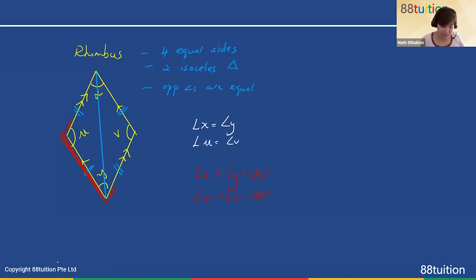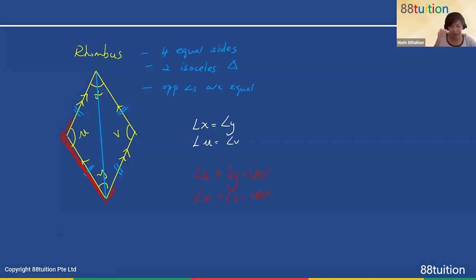Any others you can see that add up to be 180? Put your response in the chat function. Who can tell? Which two angles add up to be 180 degrees? Anyone can tell? You have U and Y, X and V. Okay, then who else?